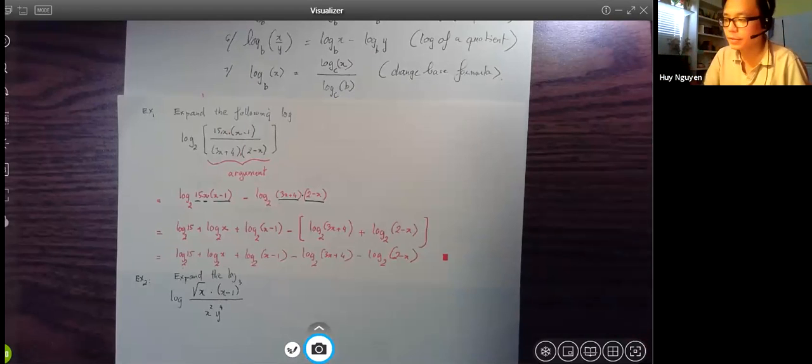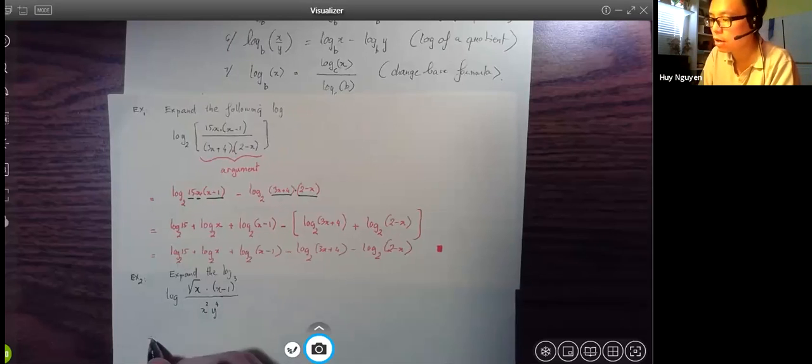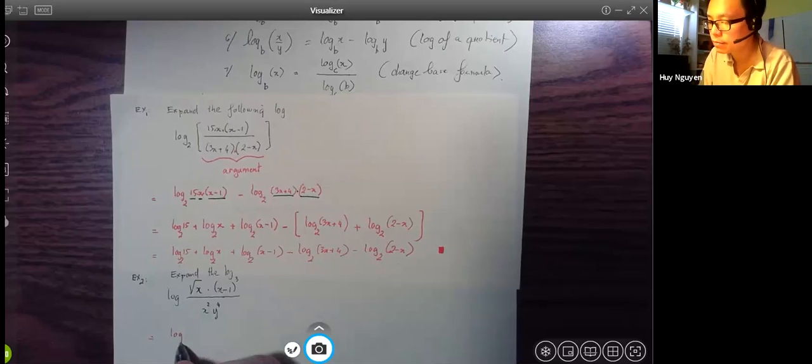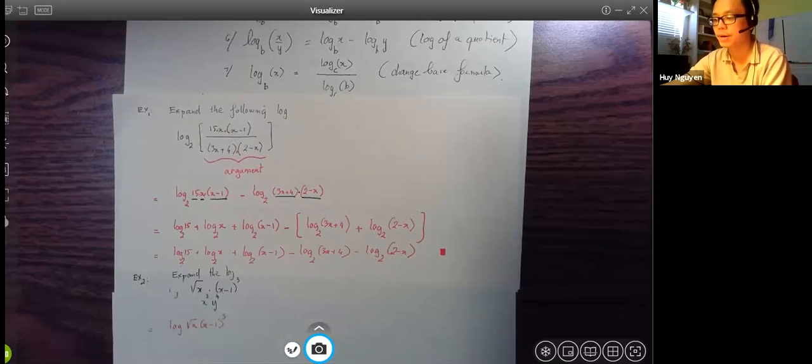Again, you scan the properties and you stop at the fraction, which is property number 6. Because this is a fraction, I can split it up into two logs: log of the numerator minus log of the denominator.